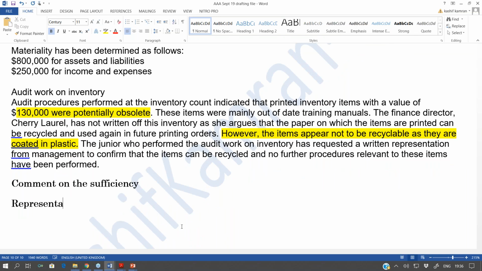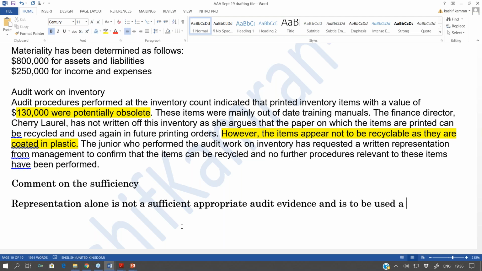Representation alone is not sufficient, appropriate audit evidence and is to be used as a last resort.